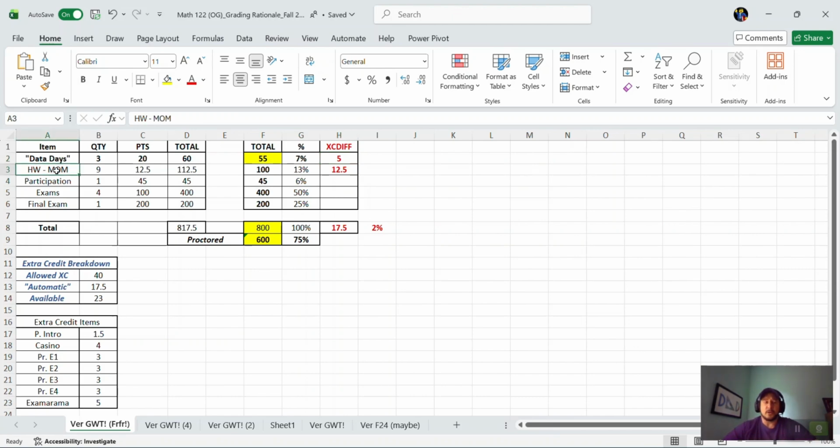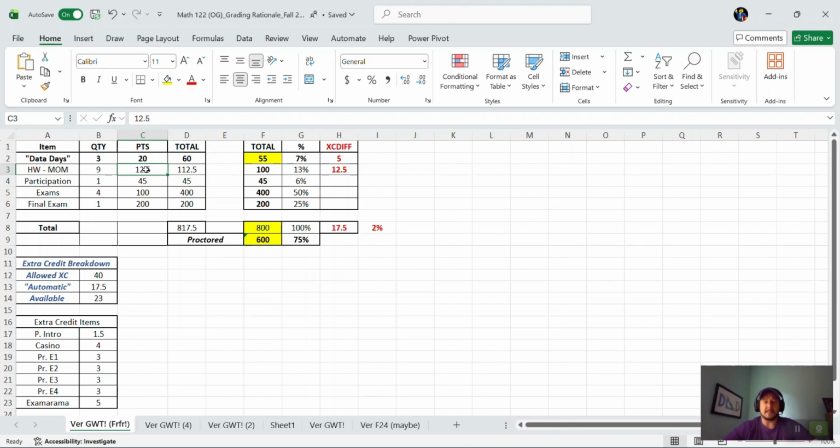I'm also going to be doing homework. MOM stands for My Open Math. Okay, I'm going to be using that LMS for the homework platform. And I'm going to do 9 homework collections. Some of these collections are going to be just for one chapter, maybe a couple of chapters at once. And I decided to count those as 12.5 each, and you'll see why, okay?